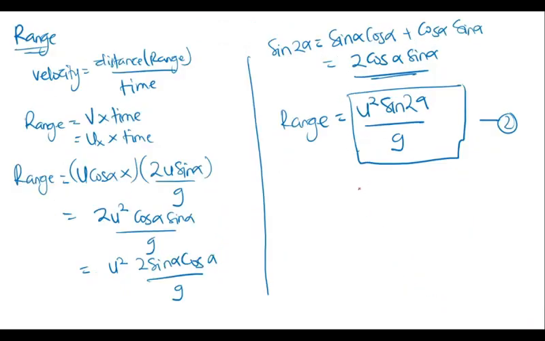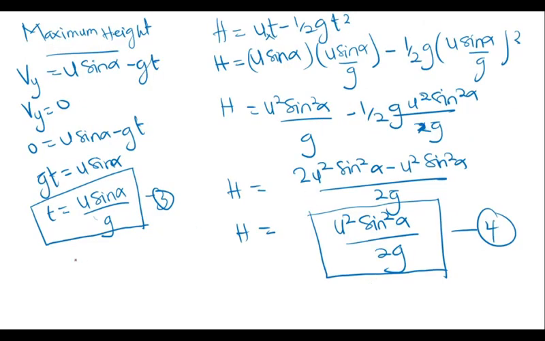Now if we are asked to find the range, or the distance the projectile has covered after it has landed, from the initial point to the final point, we use u squared sine 2 alpha divided by g as our range, the horizontal distance covered by the body. Then we went ahead to find the time taken to reach the maximum height. So this is the time taken to reach the maximum height.